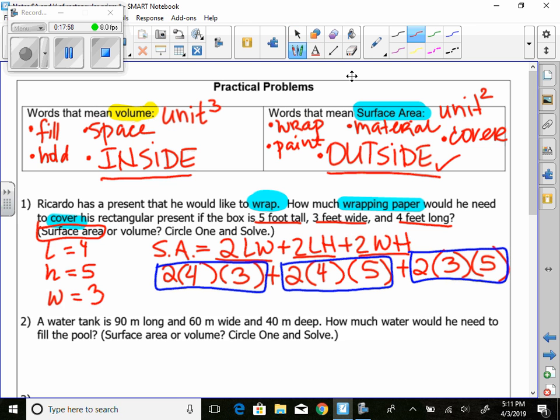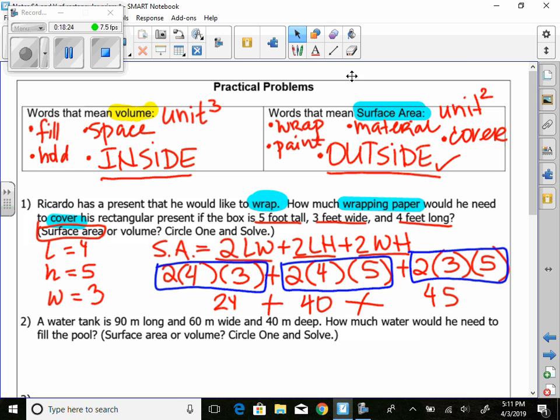Very simple. 2 times 4 is 8. 8 times 3, 24. 2 times 4 is 8. 8 times 5, 40. 2 times 3, 6. 6 times 5, 30. Done. Okay, so just adding them up together. 24 plus 40 plus 45 is 109.